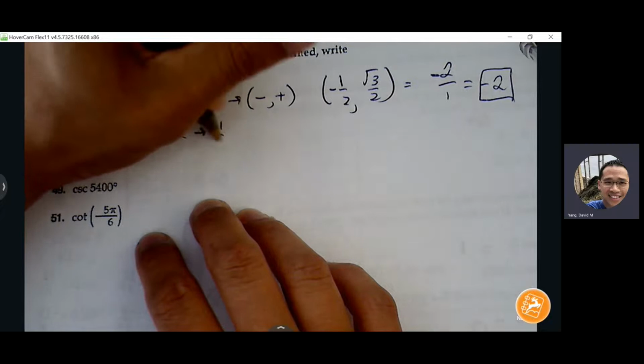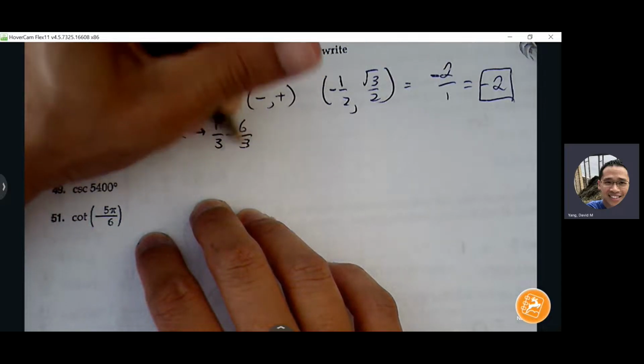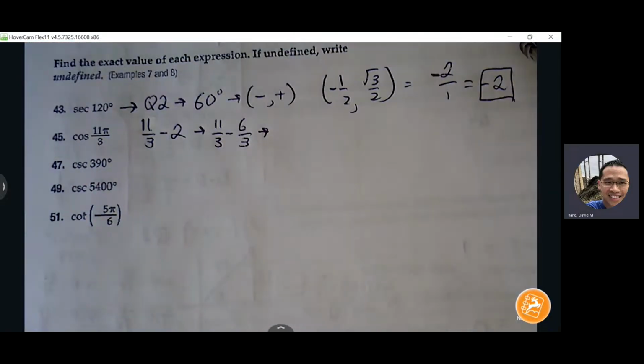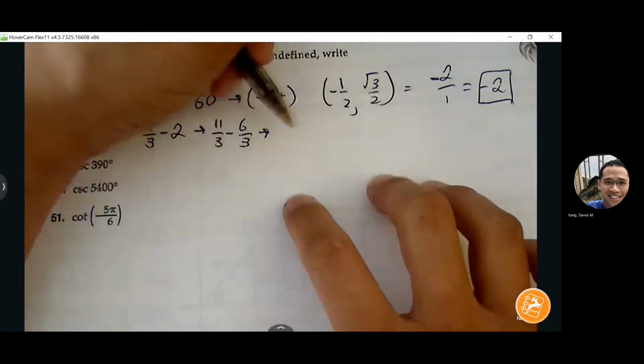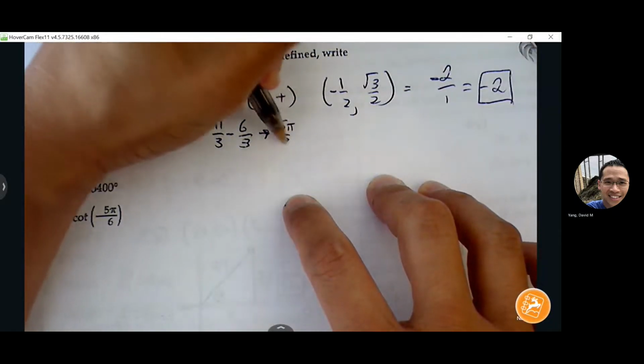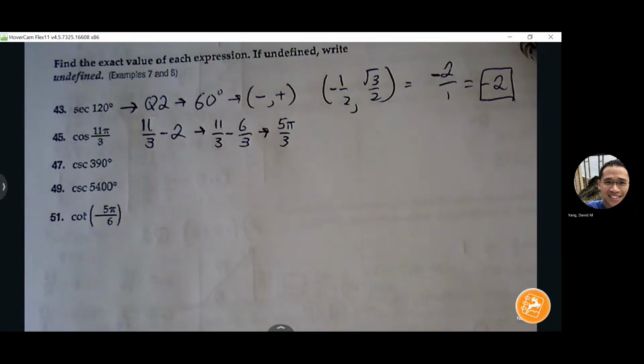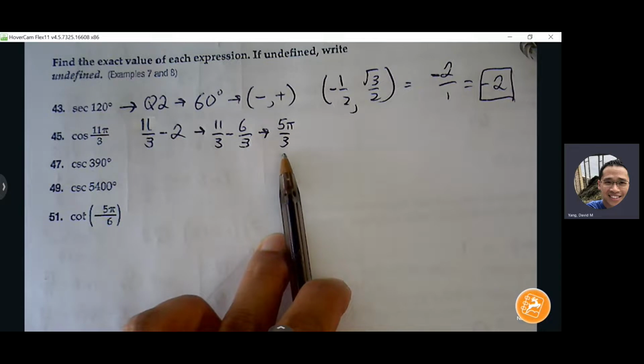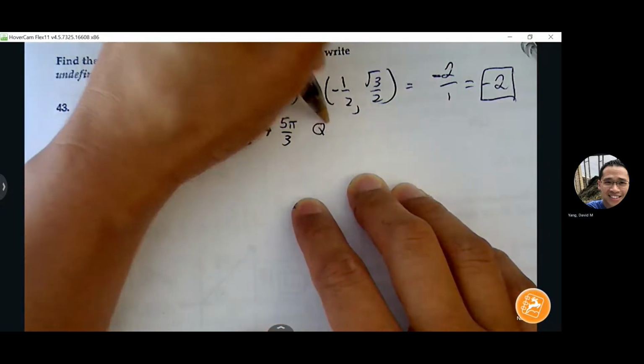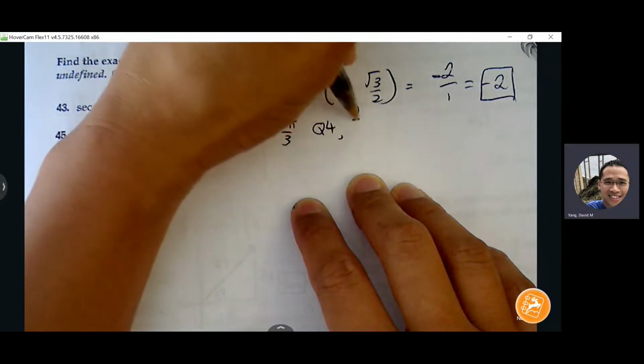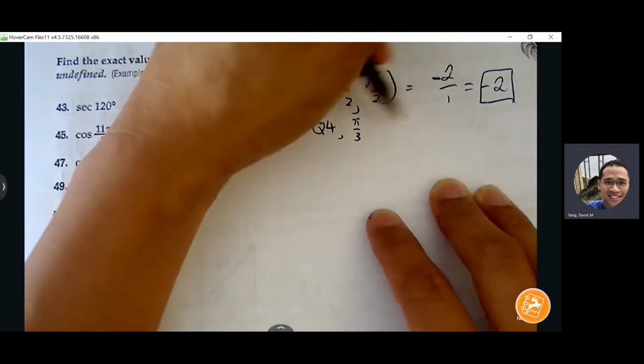That's the same thing as minus 6 pi over 3 if I want to find common denominators. Okay, so this is in the fourth quadrant. We know that reference angle is pi over 3.